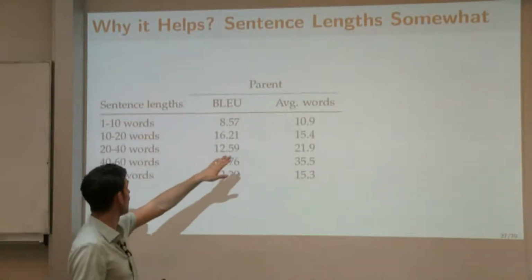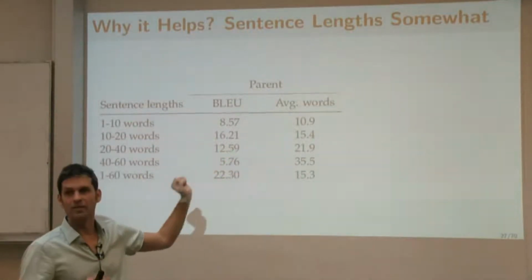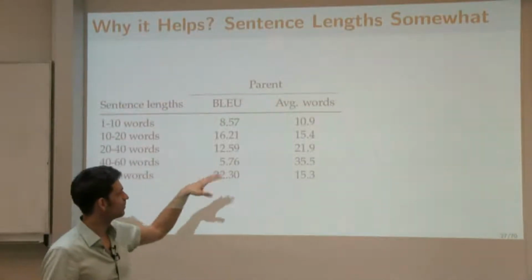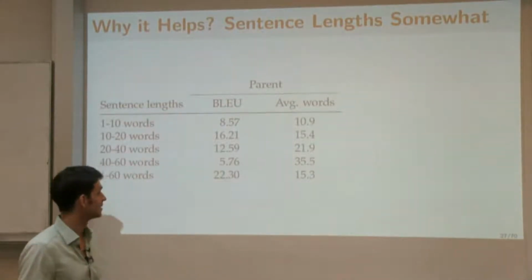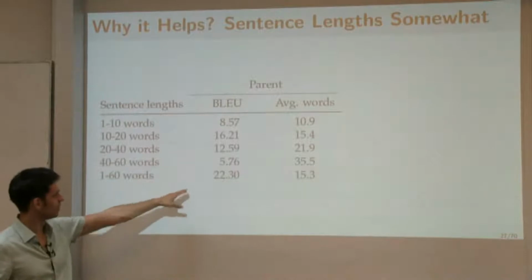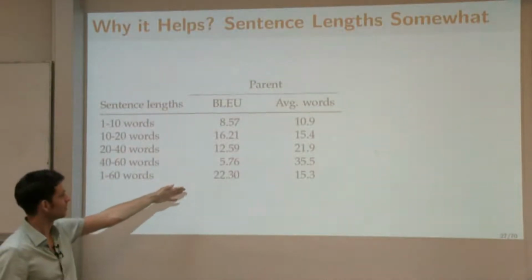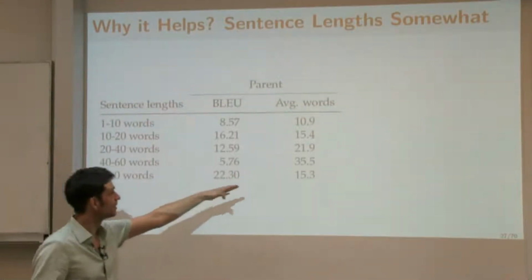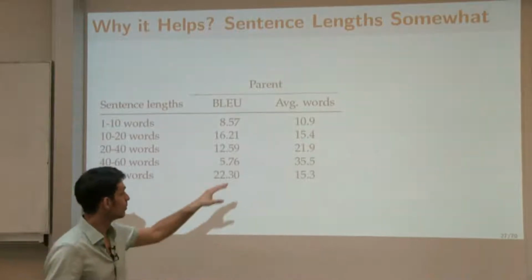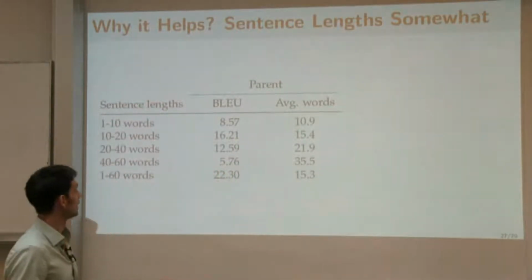So actually the outputs are somewhat longer than what the training data was, but they don't go as far as needed. If we trained on everything and the performance was the best possible on this corpus, then the average number of output words would be 15, and we are only at 10.